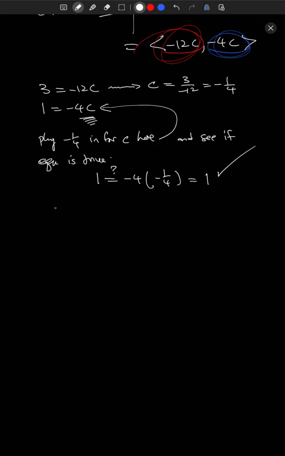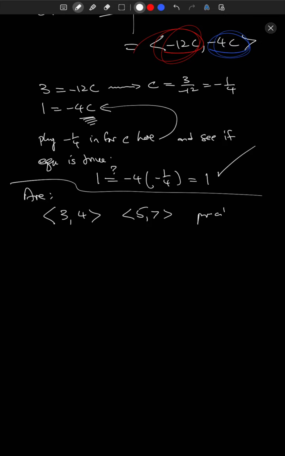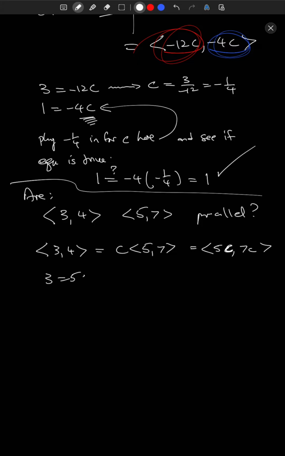On the other hand, if I had, let's say, 3 comma 4 and 5 comma 7, are these two parallel? If I tried to do this, 3 comma 4 equals c times 5 comma 7, this would be 5c comma 7c. So I would be solving 3 equals 5c and 4 equals 7c.